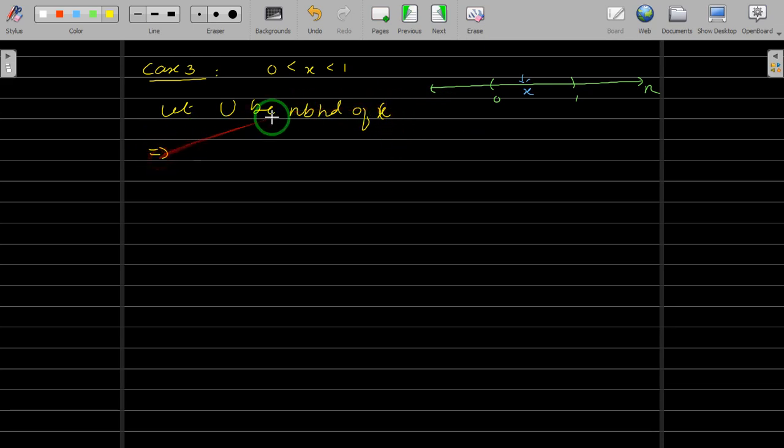Because x belongs to U and U is open, this implies there exists some r greater than 0 such that the open interval (x minus r, x plus r) is contained inside U. Now there exists r greater than 0 such that this happens.